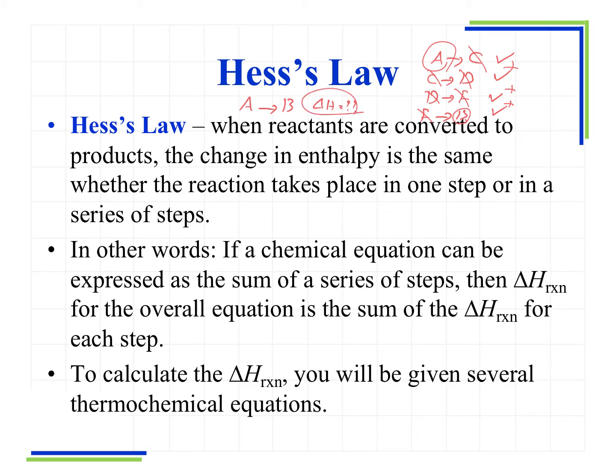That's because delta H is a state function, right? So it doesn't matter what route you're taking to get to your final state, the difference is still the same. If you think about our initial example of a glass of water, if you have 12 ounces of water and you drink 6 ounces of it, you have 6 ounces of water.